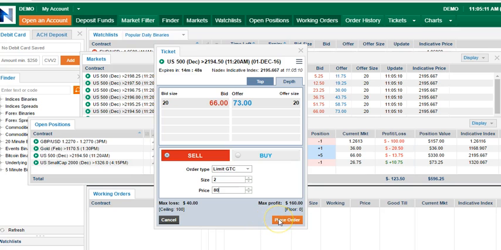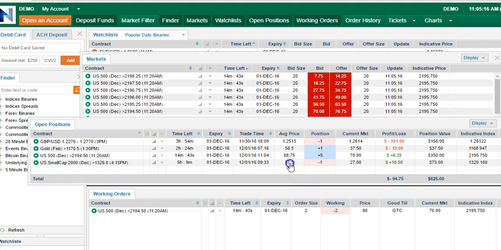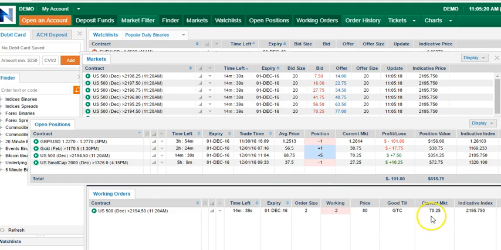So if the market hits 80, I will get out of those 2 positions, which would mean I would still have 3 positions left. You can see the current market's at 70.25. I'm willing to get out at 80, and then I could leave the other 3 in there for the rest of the trade if I wanted to. So you can scale in and scale out of Nadex as well.